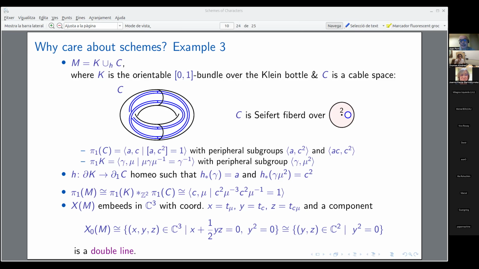And the surface is the amalgamated torus here. There are weird things that happen here. And from the point of view of the schemes, we get a double line. So somehow what we get is something weird, because this three-manifold has some topology, maybe too easy, maybe too complicated, I don't know.